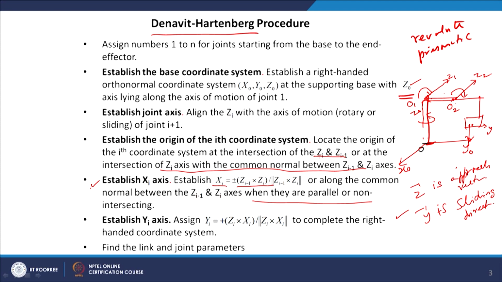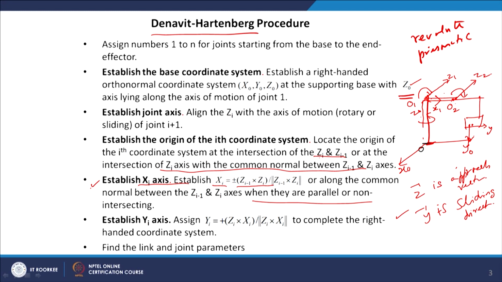Now, we can fix by following this fixing of xi axis, this one, it is the vector perpendicular to z0 as well as z1. So, we can say that this is the x1 axis, z0 and z1, the perpendicular line is either in this direction or in the opposite direction.